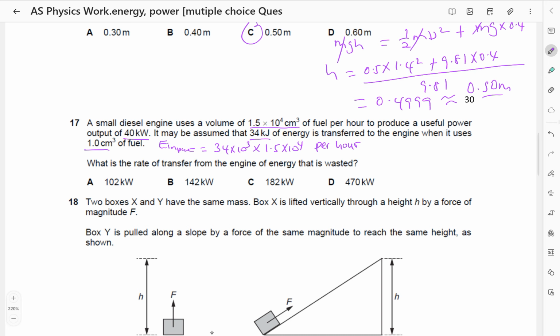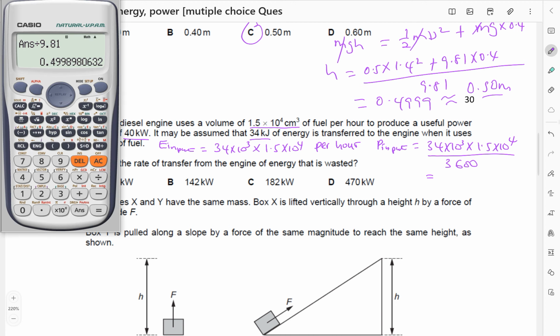So the power input is simply going to be 34 times 10 power 3 times 1.5 times 10 power 4 divided by 1 hour, which is 3,600 seconds. Let's check this: 34 times 10 to the 3, times 1.5 times 10 to the 4, divided by 3,600.